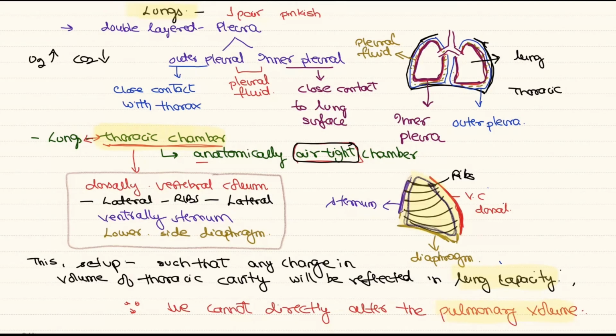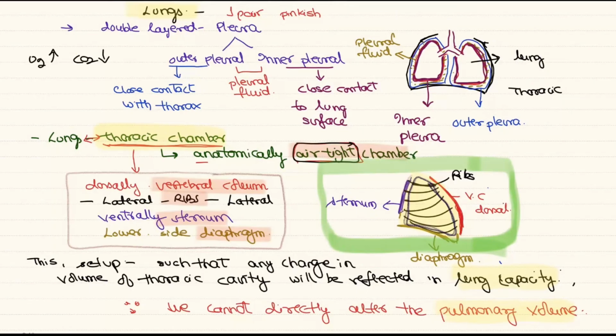The thoracic chamber is an airtight chamber which is completely covered by the vertebral column dorsally, the sternum ventrally, ribs laterally, and diaphragm on the lower side. This airtight chamber, what we see here in the diagram, will help to alter the capacity or the volume. So as the volume of the thorax changes, the lungs automatically change.